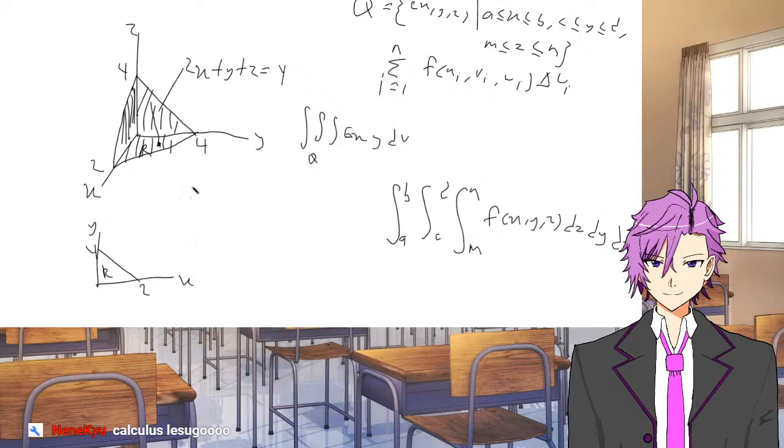So we'll just make a curve. When z equals 0, y would be equal to 4 minus 2x.